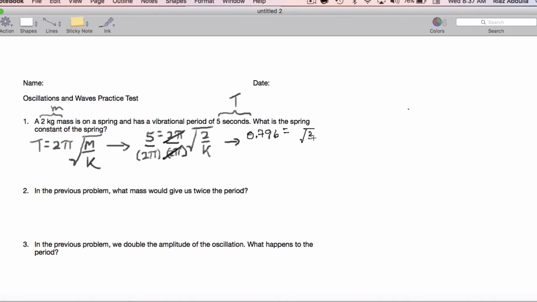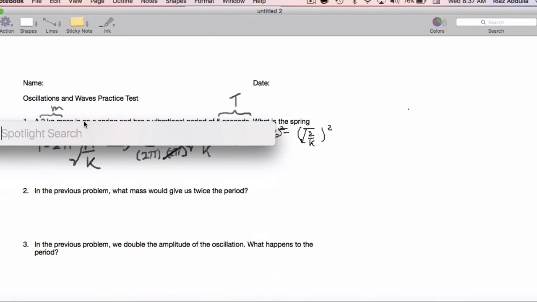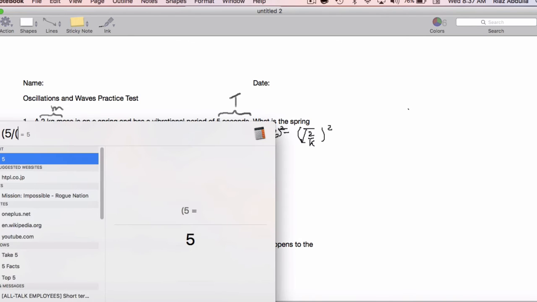And then I will square both sides. So 5 divided by 2 pi, and then I'll square that.